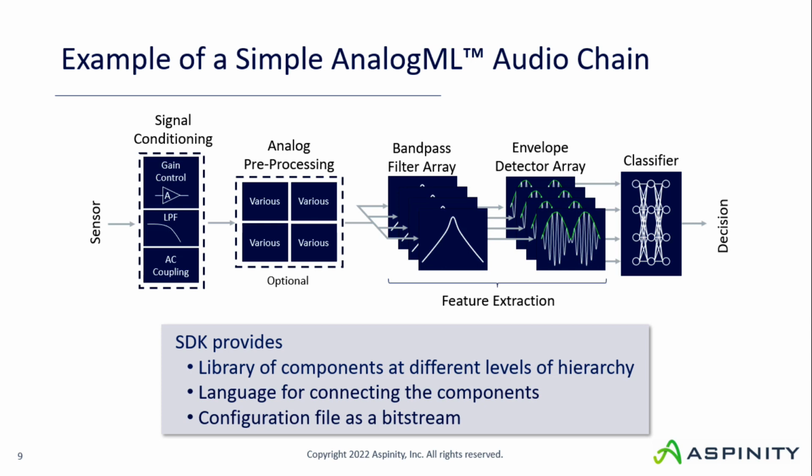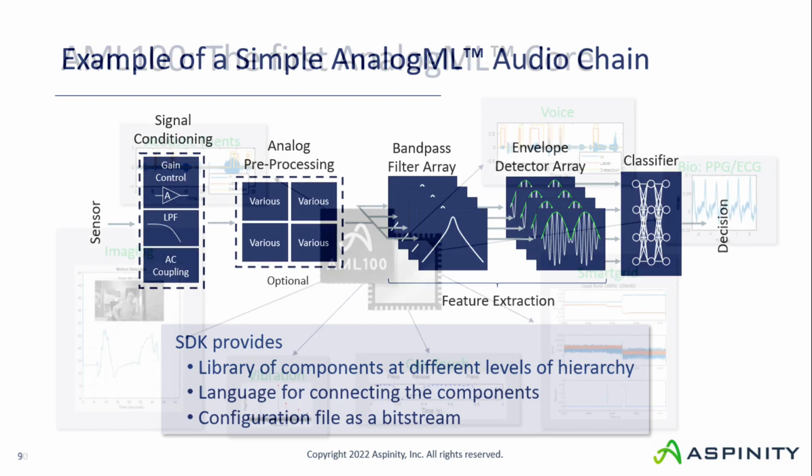Lastly, you can feed those into the classifier, and then the SDK will be able to compile all of these connections and everything into a bit stream that you can then load onto the chip. Because everything is software controllable, it's quite easy to work with these analog systems without even thinking about the fact that they're actually analog, and quickly build and develop new applications.